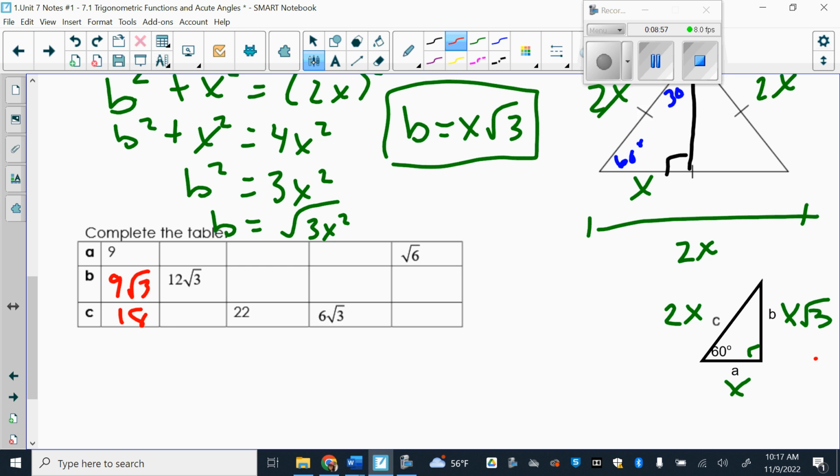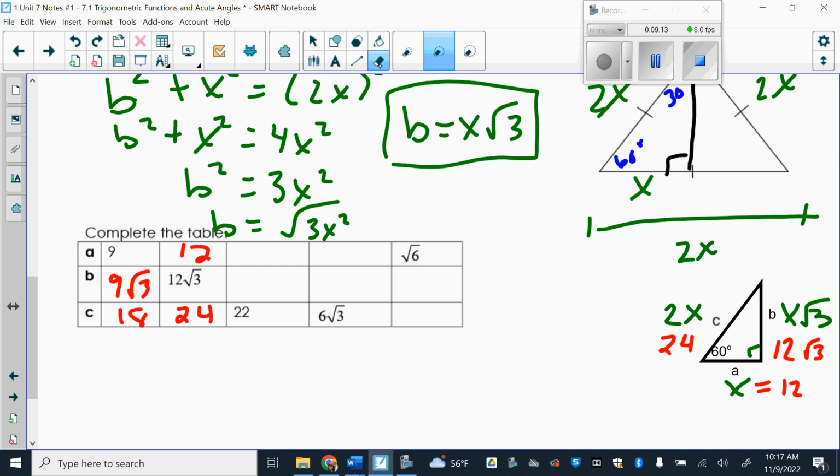If I know the measure of side B is 12 root 3, that means the measure of side A is 12, and the measure of side C is 2 times 12, so 24. If I know the measure of side C is 22, then that means that side A is 11, half of that, and side B is 11 root 3.